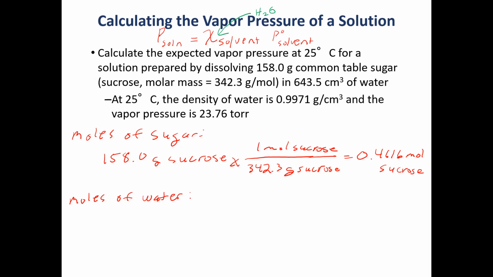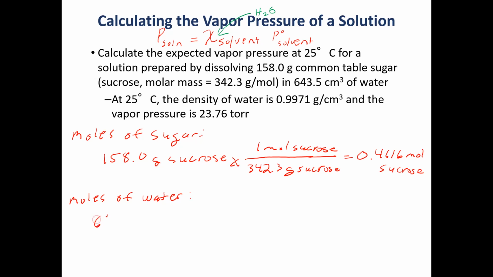Fortunately they give us the density, and that gives us the missing conversion factor that we need in order to get from cubic centimeters of water to grams of water. And once we get to grams of water, then we can do the molar mass of water to get moles.